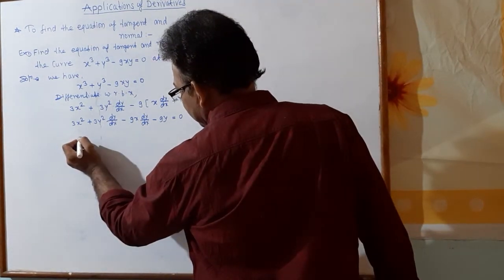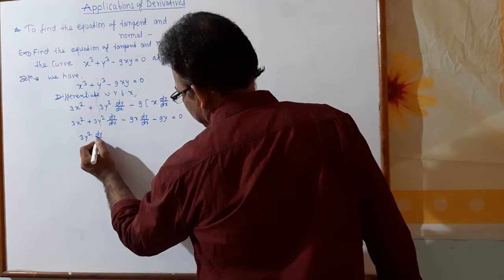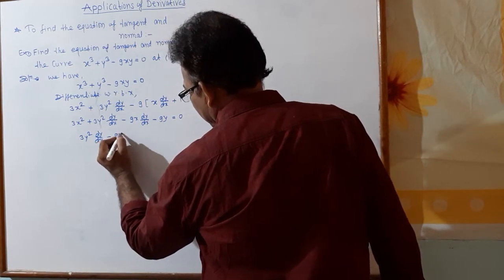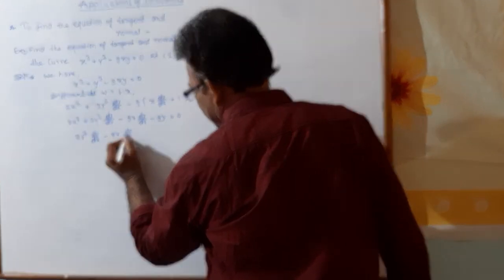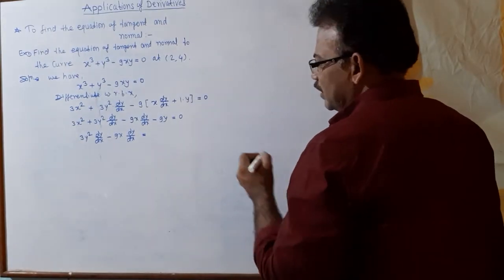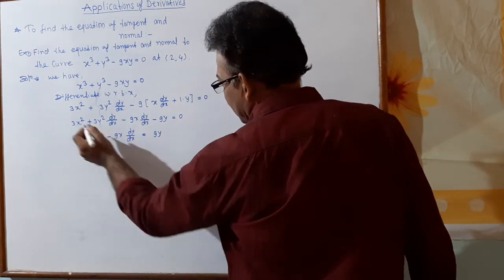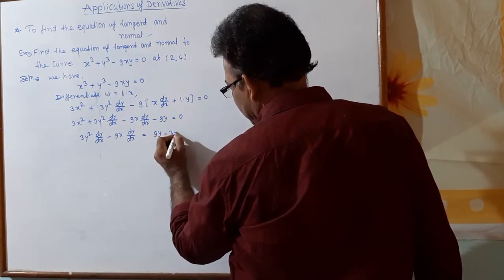Therefore, on the left side keep 3y square dy by dx minus 9x dy by dx, and take terms without dy by dx on the right side, that is plus 9y, and 3x square becomes minus 3x square.